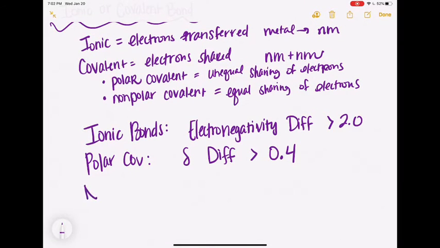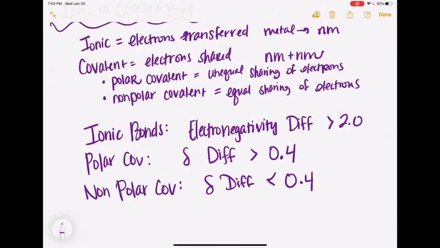Non-polar covalent bonds are going to have an electronegativity difference less than 0.4. And if you're equal to 0.4, I would go with polar covalent.